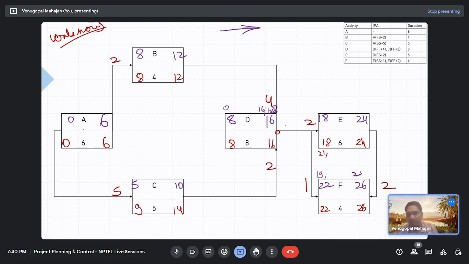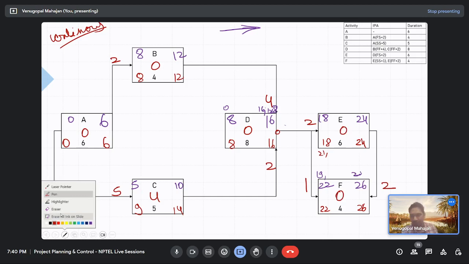So total float formula is 0, the same. So 0. What about this 4? Right? 0, 0, 0. Are the values correct? So let's check the critical path.